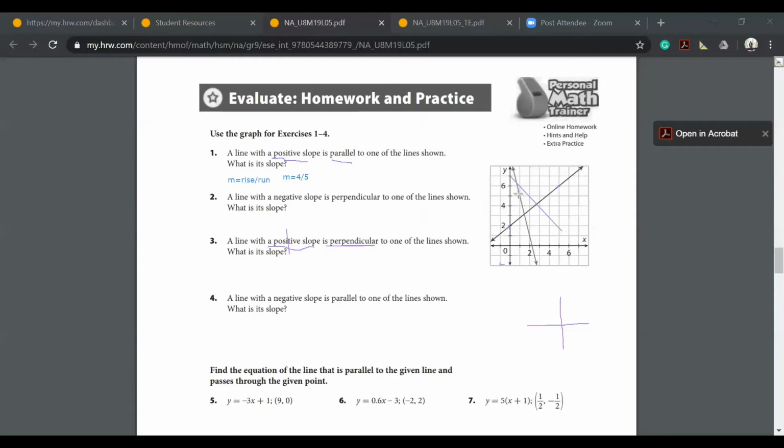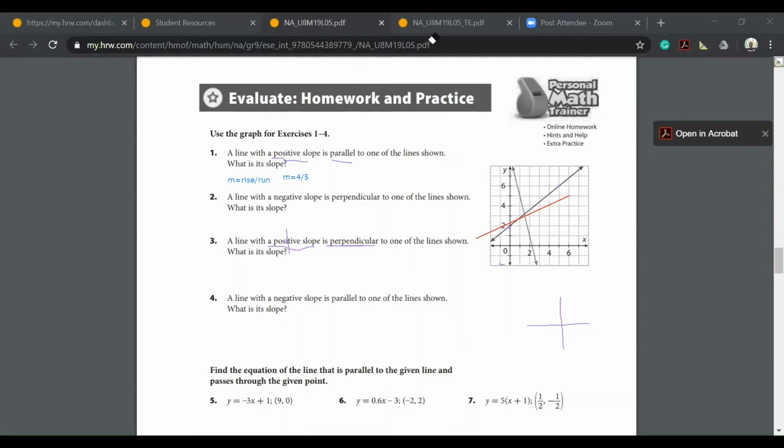The perpendicular line for this line in here will be, for example, like this, the red one. And this angle will be a 90 degree angle, right? Let's remove this one, yes. Okay.